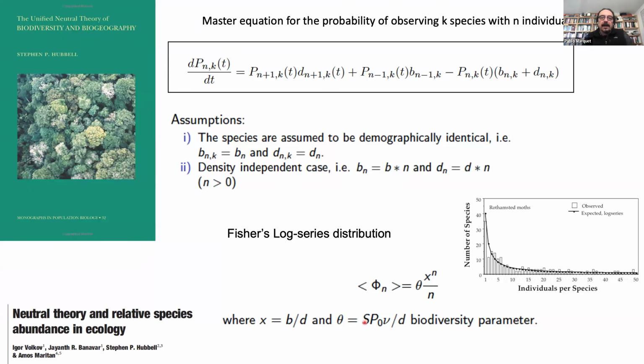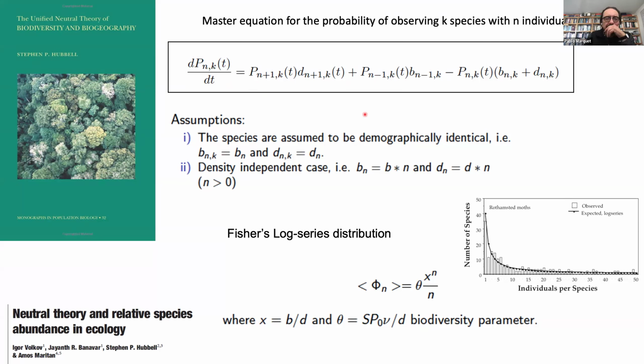So he set up the equation such that it was the probability of observing k species with n individuals. So what is the probability of observing k species with n individuals? It is that you have k species with n plus one, and there's a death, or there were k species with n minus one, and there was a birth, or there were already n and nothing happened.